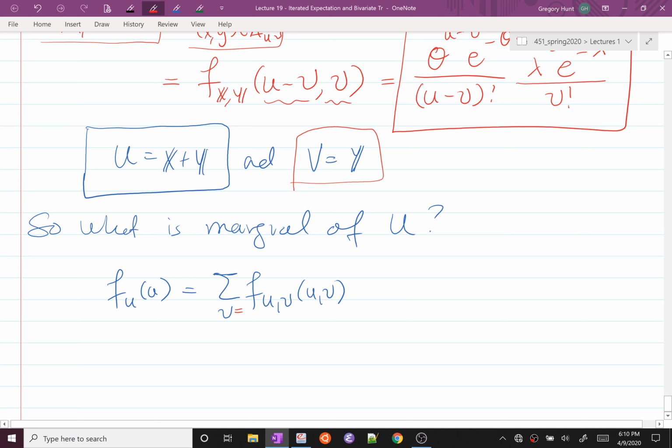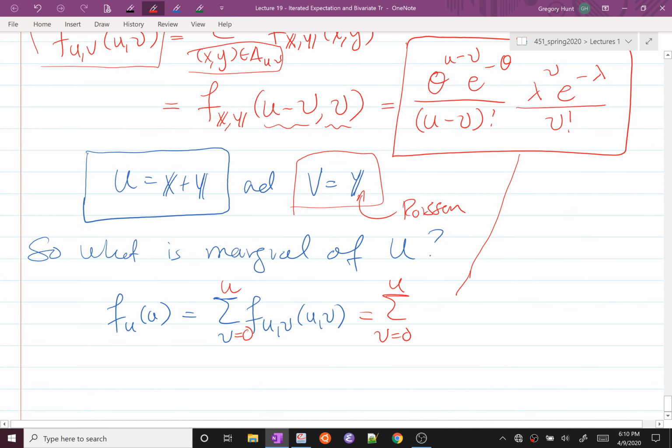It could be 0, since Y is a Poisson and Poisson is allowed to be 0. But it can never be bigger than u. So our sum only goes up to u. So we continue this as the sum, v from 0 to u, and then we basically take this whole thing and plug it in from above.